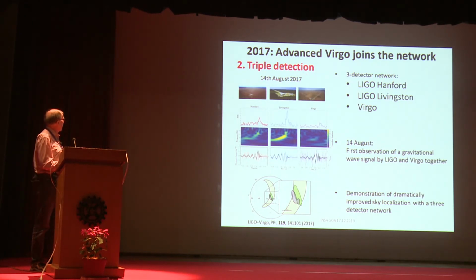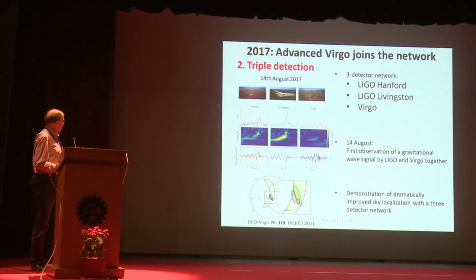Next important highlight was when the Virgo detector joined. It happened in August, the three detectors jointly observed a signal from the same source, apparently from a binary black hole coalescence. And thanks to the three of them observing, one could localize the source much more accurately.